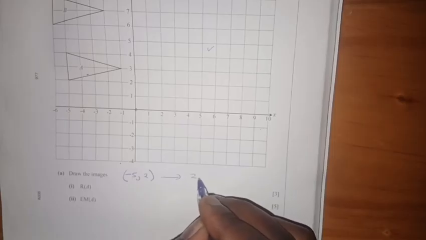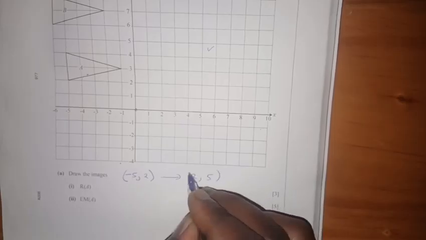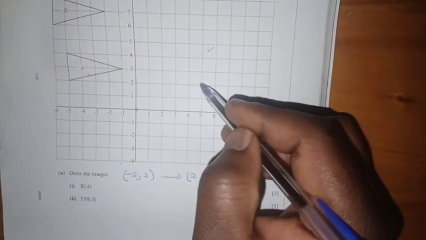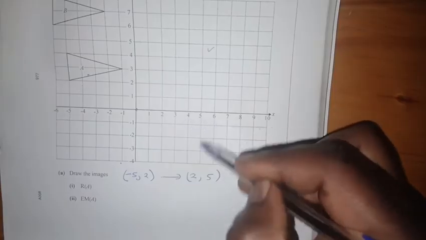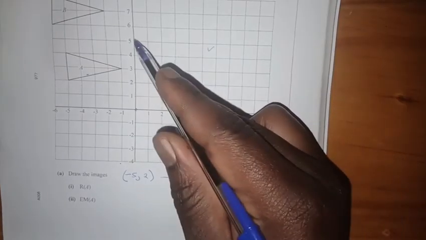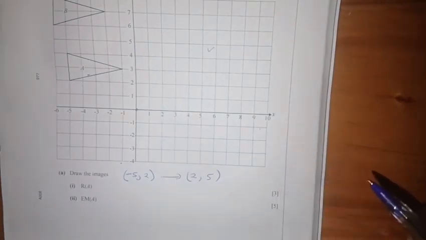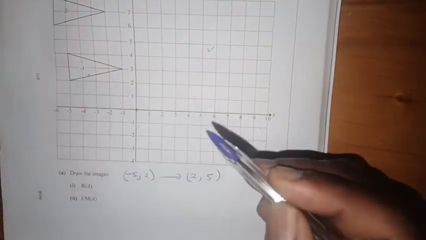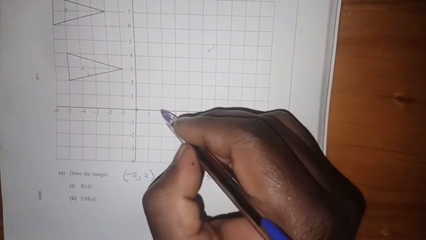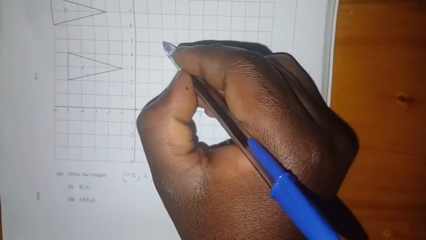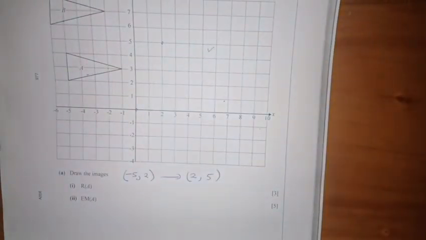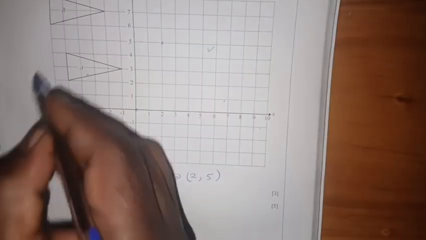It's going to be 2, 5. Now in this quadrant, what's the sign for x? X is positive. For y, y is positive. So that's the correct answer, which means this point is going to go to 2, 5. It's coming up there.